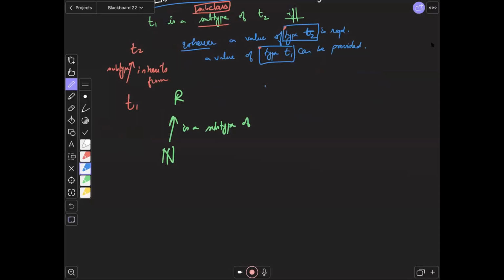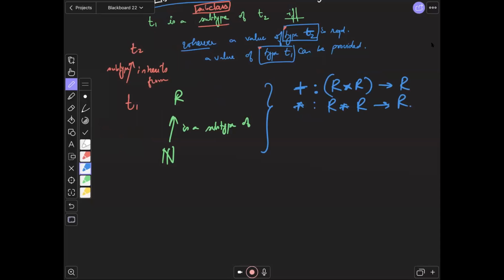Suppose we have a function plus to add two numbers. That's going to take two real numbers and return a real number. This function is just the addition function that we learned in grade school and know and love. Let's say the function multiplication is going to take two real numbers and return a real number.